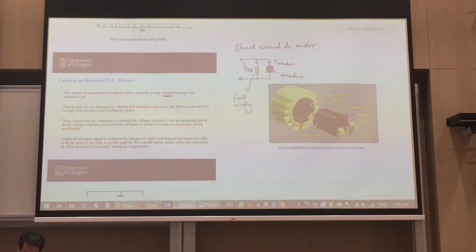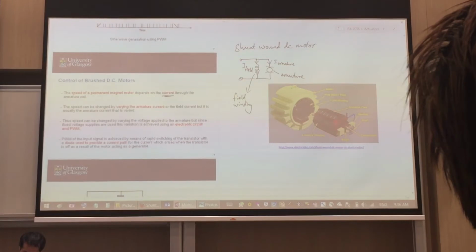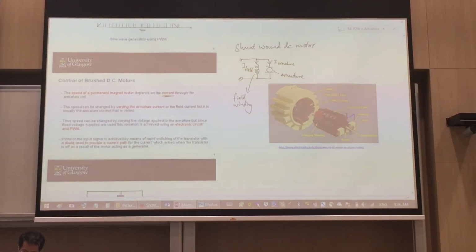So usually we want to change the current that's going into your armature coil in order to change the speed of your motor rotation. We don't really change the field winding current that's going through it. We want to maintain a constant magnetic flux by your field winding.